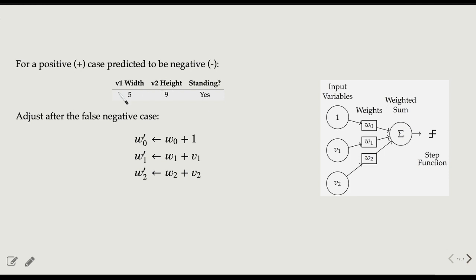Okay, so whenever we see a data point from the training data, we are going to feed all the data into the network. So for example, here we have a V1 of 5 for width, V2 of 9 for height, and then the bias variable is also 1. So we feed into the model.